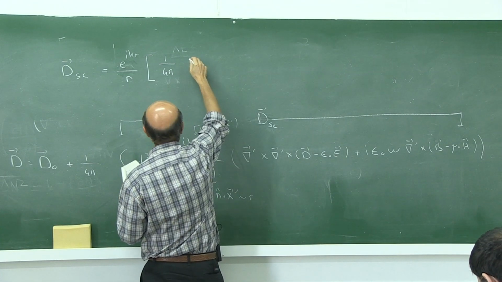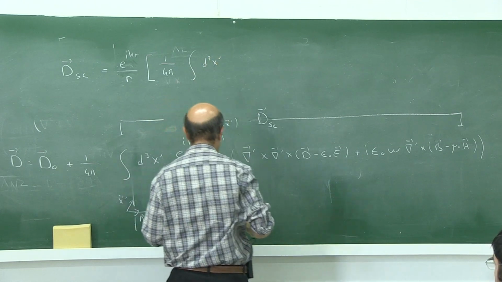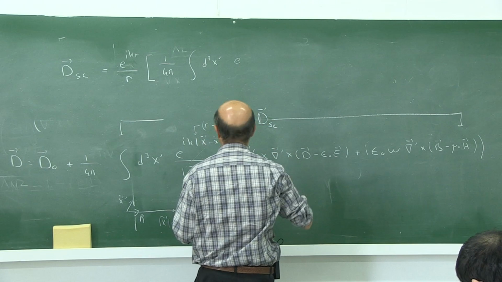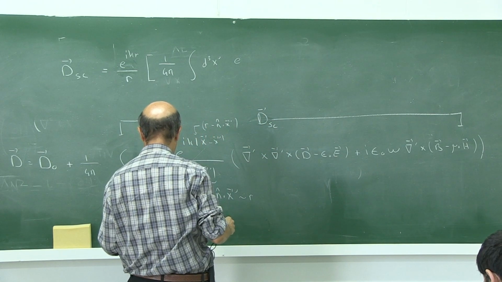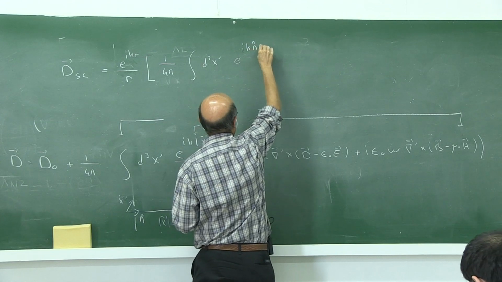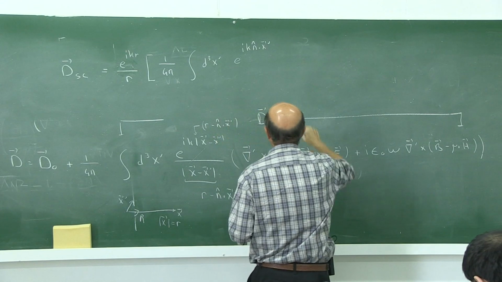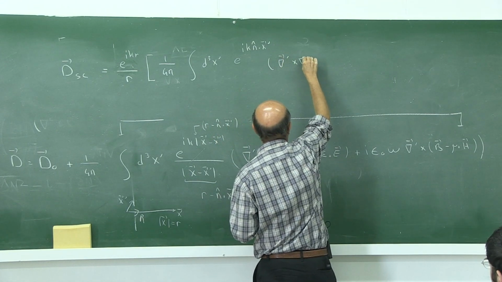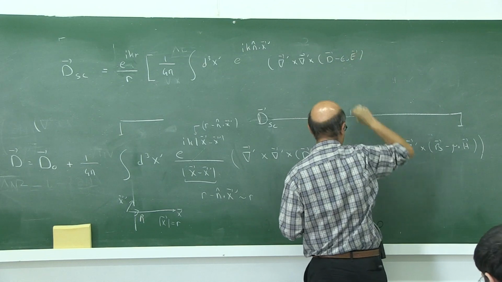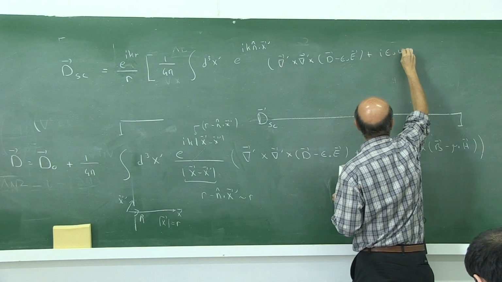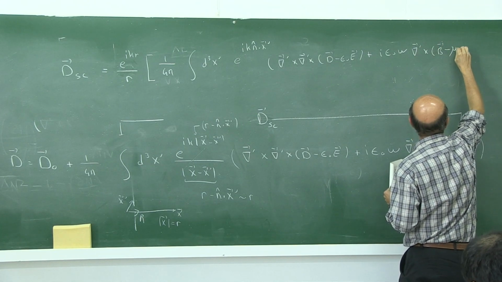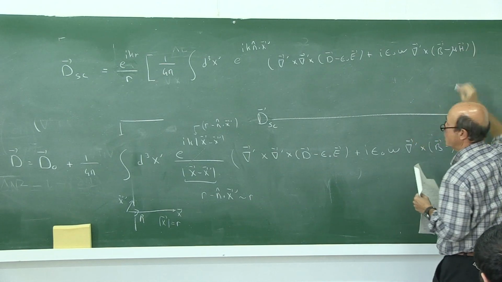That is nothing but the integral d cubed x prime e to the ik n dot x prime, curl of curl of D minus epsilon 0 E, plus i epsilon 0 omega, curl of B minus mu 0 H, close the parenthesis and the big one.